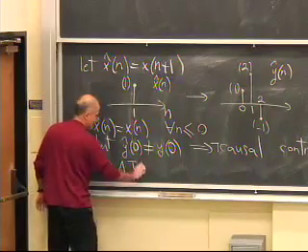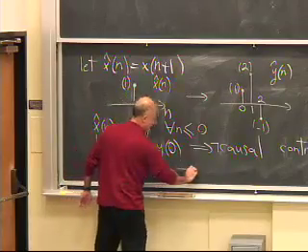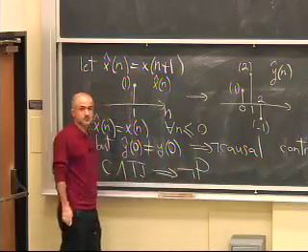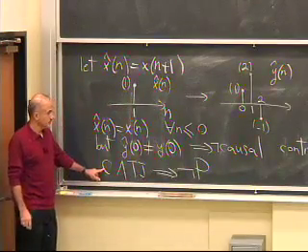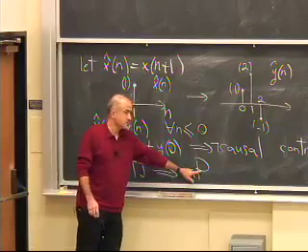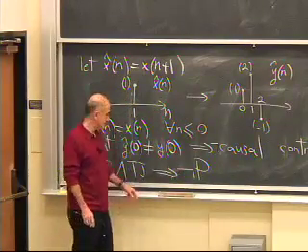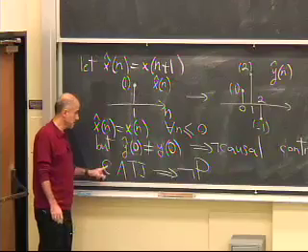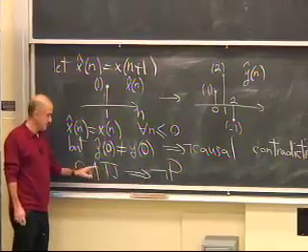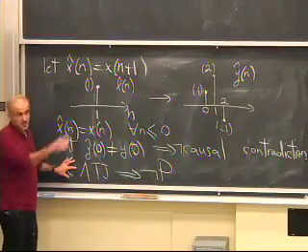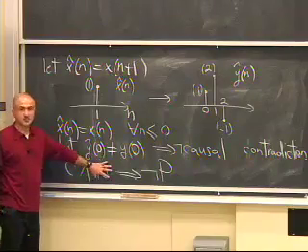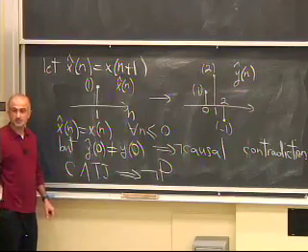If the system is causal and time invariant, then the output cannot precede the input. So if the output does precede the input, which is this case, then it's either not causal or not time invariant. Not causal is false because I've told you the system is causal, so it must be not time invariant.